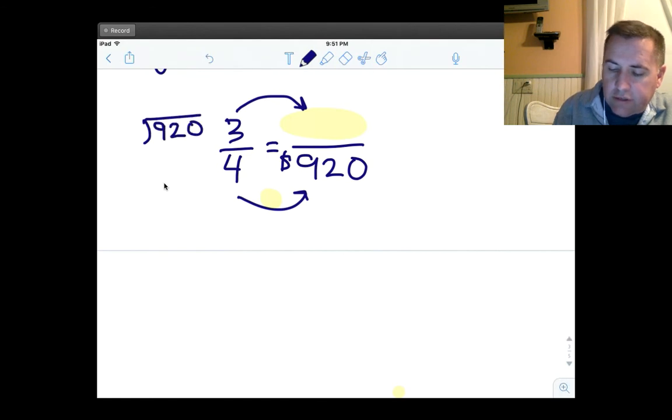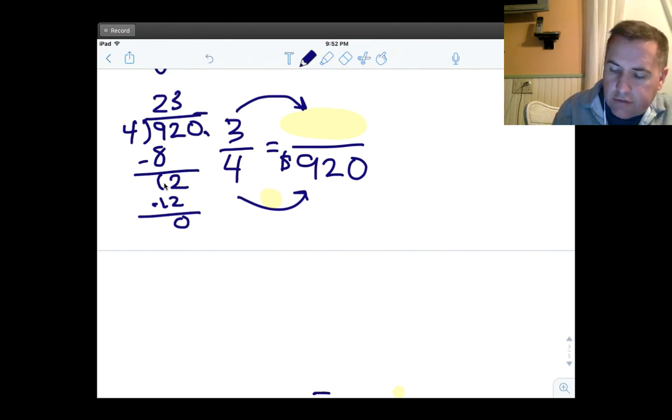Okay, so 4 goes into 9 twice, correction. 4 goes into 9 twice, that's 8, subtract to get 1, bring down the 2. 4 goes into 12 3 times. Bring that down, I get 0. We're not done dividing yet. Remember, our decimal point is here, and if I brought it up to the quotient line, I have an open place value waiting for a number in it.